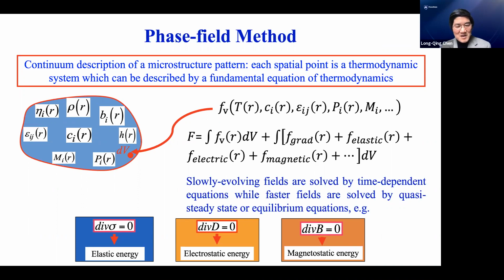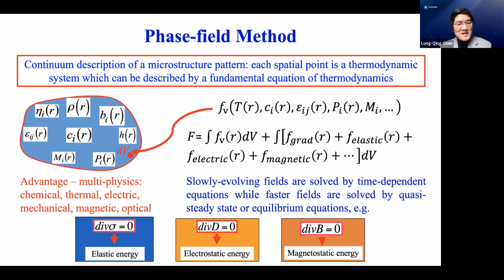They will evolve to equilibrium a lot faster than long-range diffusion. So typically, we assume those fast-evolving fields are at a steady state or quasi-steady-state equilibrium, and only evolve the slowly evolving fields, like a diffusion equation, in evolving a microstructure.